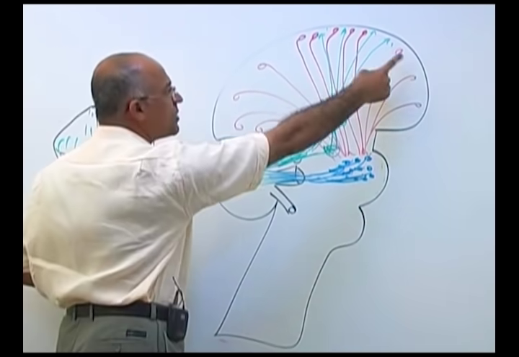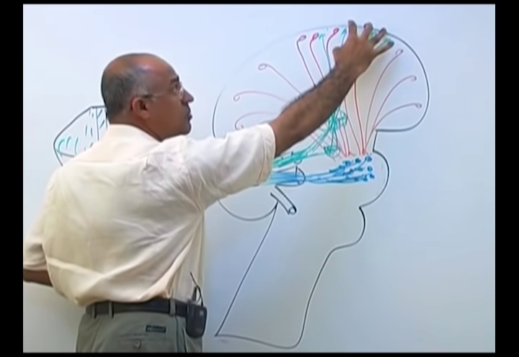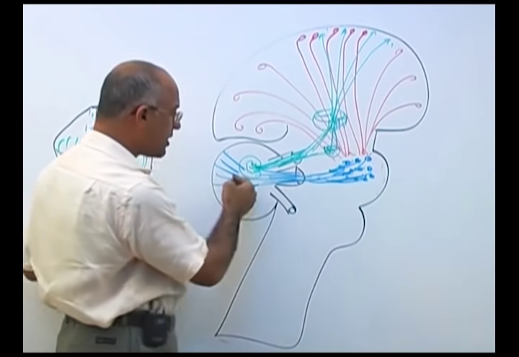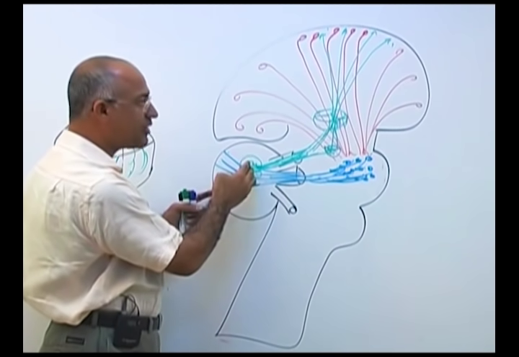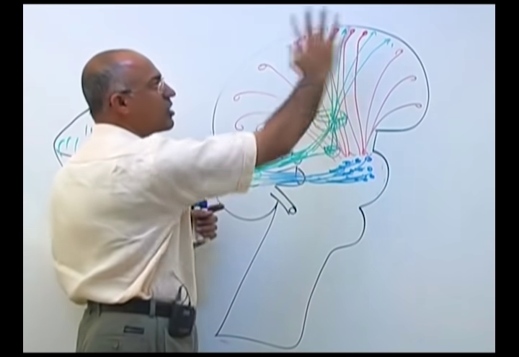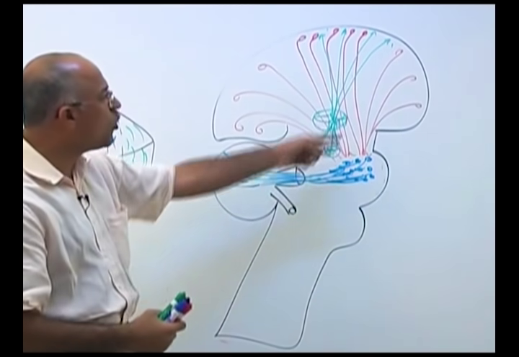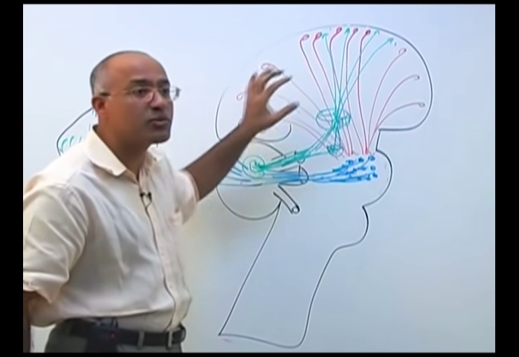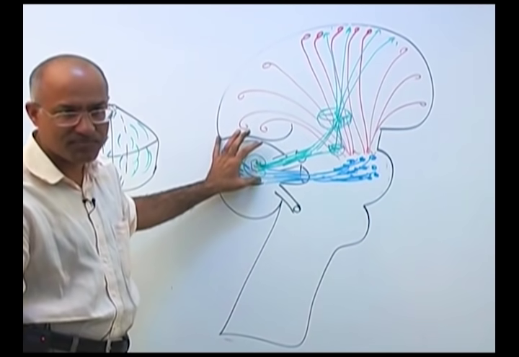So this is the loop starting from the motor regions of the cerebral cortex to the pontocerebellum, then dento-rubro-thalamic or dentothalamic and thalamocortical. This is the loop of information where the cerebral cortex communicates with the cerebellum.